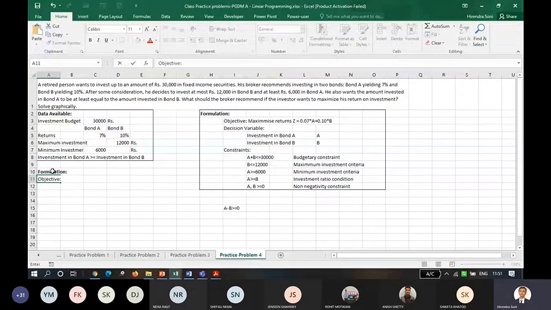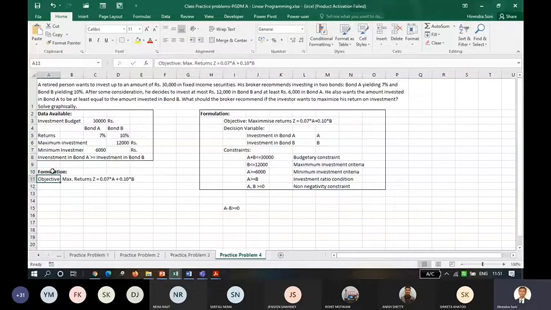My objective is to maximize returns, Z equals 0.07 into A plus 0.10 into B. This becomes my objective function, correct?